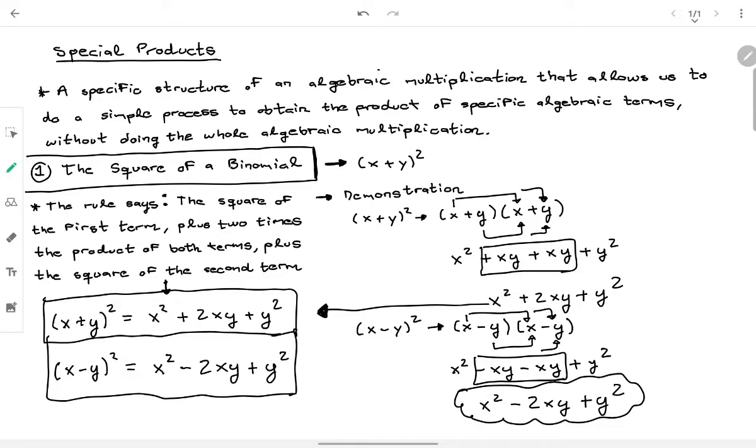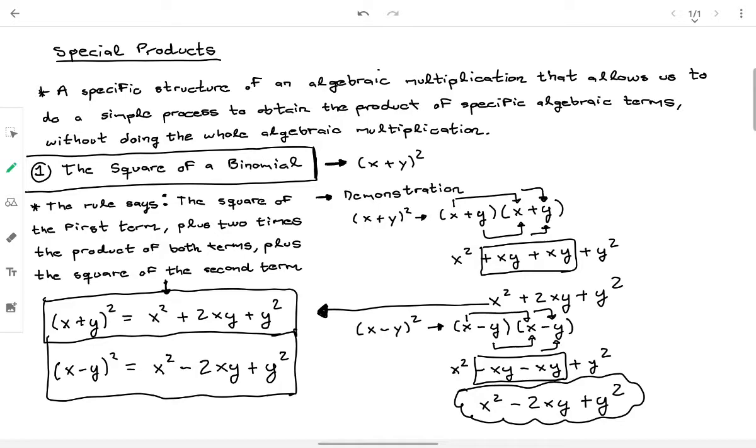That's why sometimes in some books you will have these two of them. When we have two positive squared, it will be x squared plus 2 times xy plus y squared. And when we have a negative one, it's going to be x squared minus 2xy plus y squared.